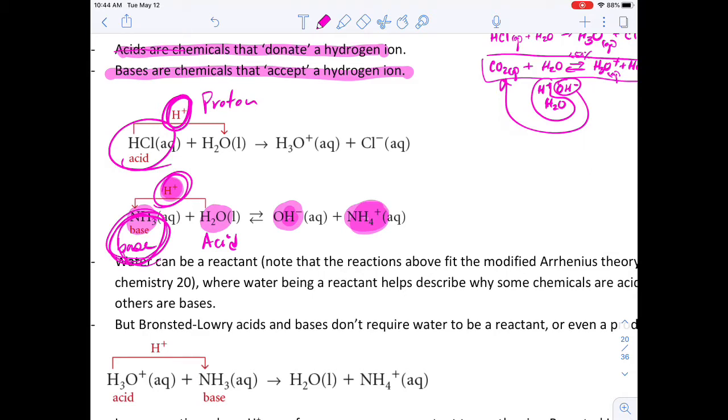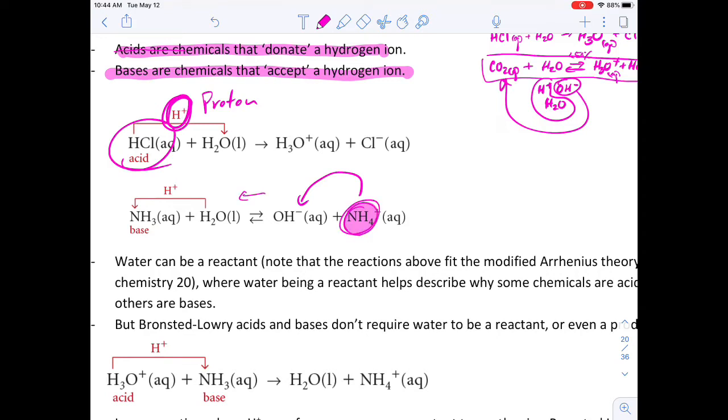We can look at these reactions in the forward and the reverse. If I look at this reaction backwards, this is donating its proton here. So when it's going backwards, the ammonium is an acid and the hydroxide is the base. Now we can look at these equilibrium systems and say, what's the acid and what's the base?